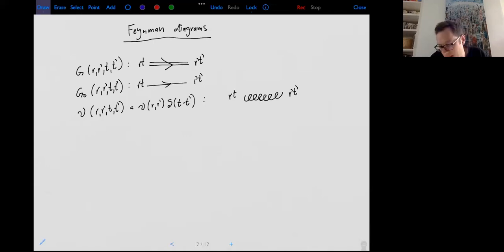And the picture that you should have in mind is that the Coulomb interaction is mediated by photons, right? So you should think of these electrons moving through the material and emitting photons and absorbing photons, or these photons generating electron-hole pairs. So that's the mental picture behind these rules.